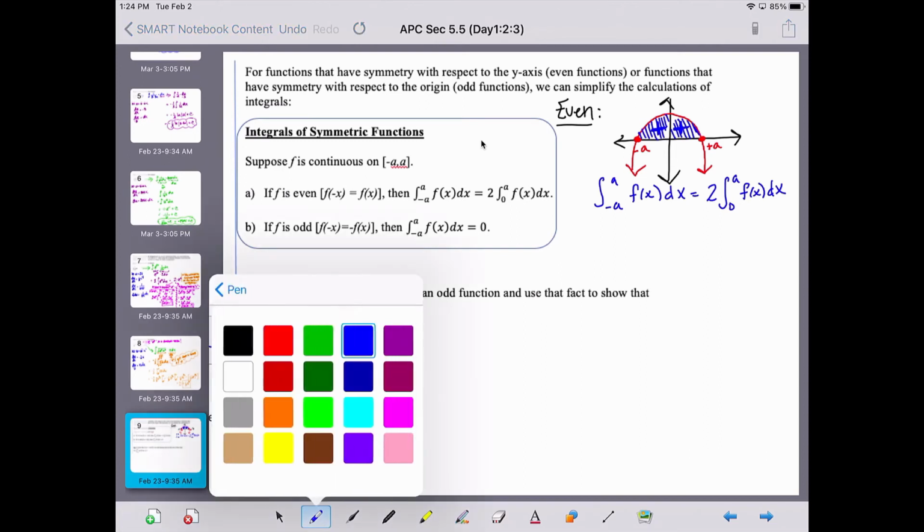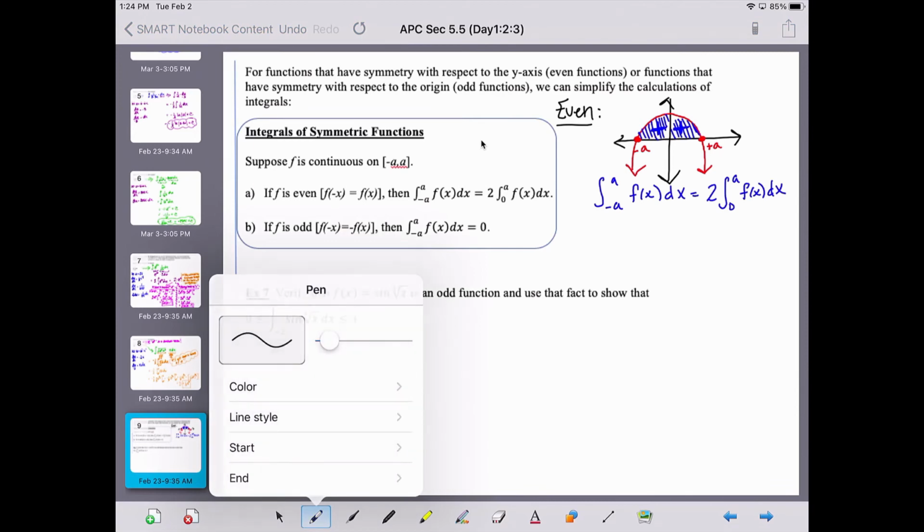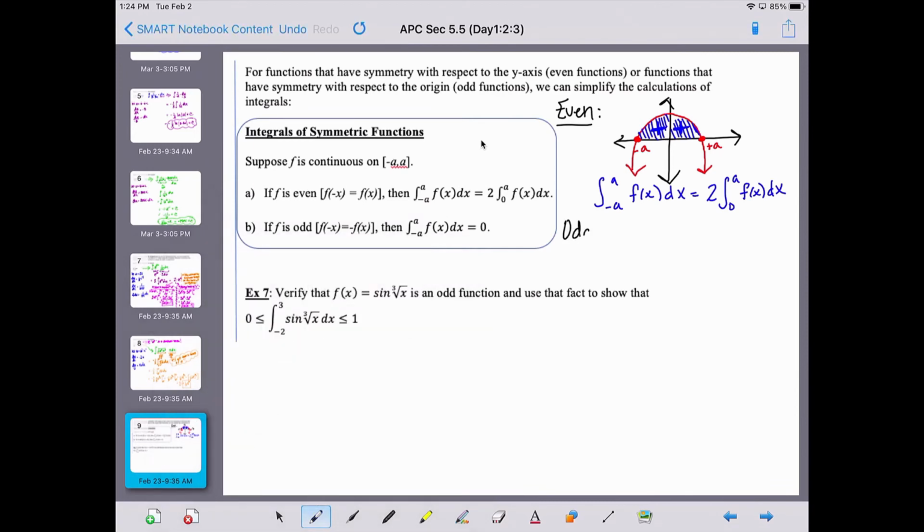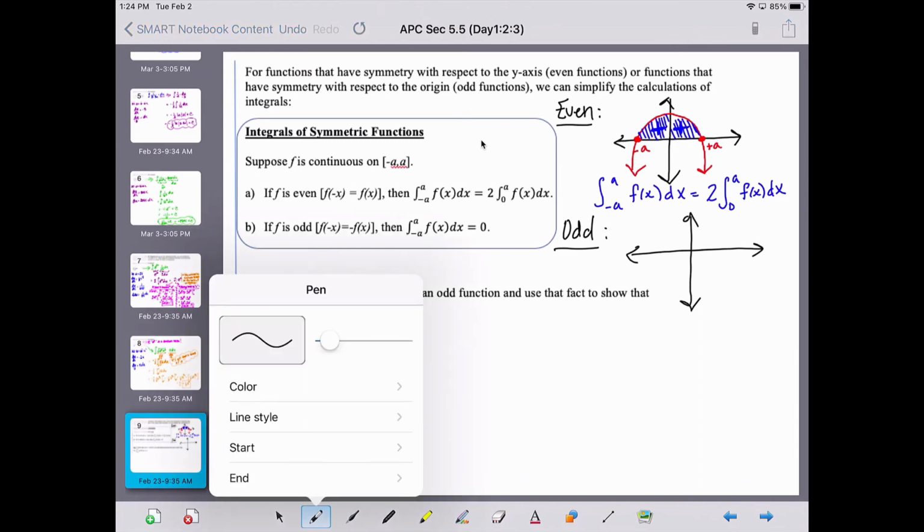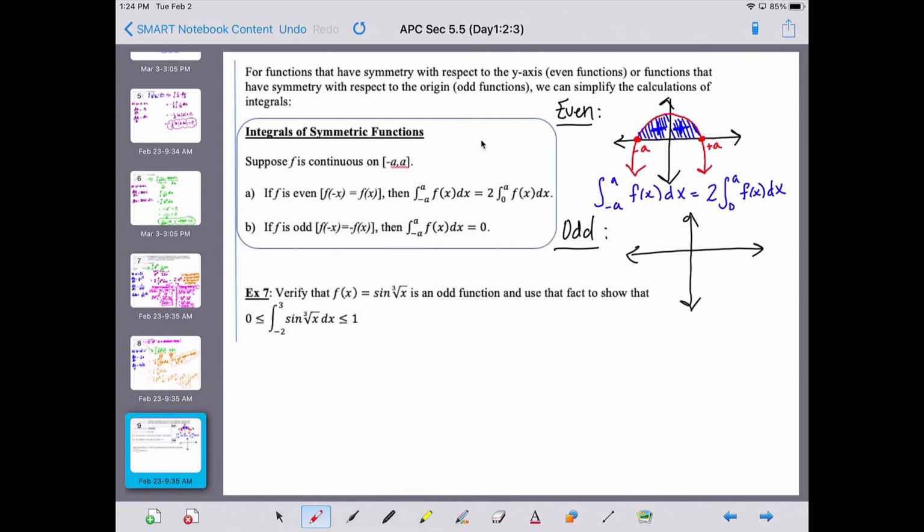Now what about if our function is odd? Because that looks a little bit different. So if we have an odd function, that changes our picture slightly, and a classic odd function would be either a cubic or a cube root or something like that. And so here's what looks like perhaps the cube root of x.